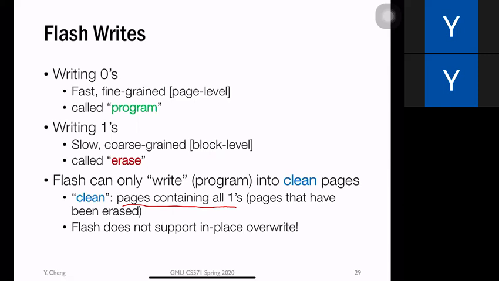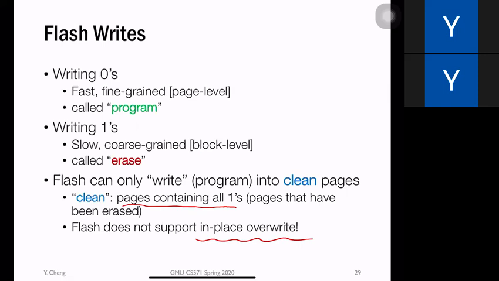But whenever some data, some zeros, have already been stored in any of these flash pages, that particular flash page cannot be overwritten. You have to do a whole flash block erase before you can write anything new into it, because flash doesn't inherently support in-place overwrite.